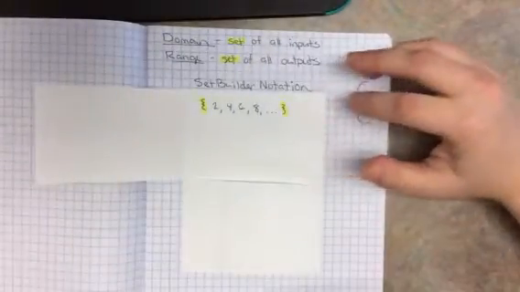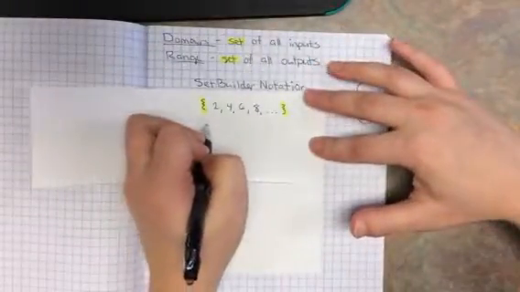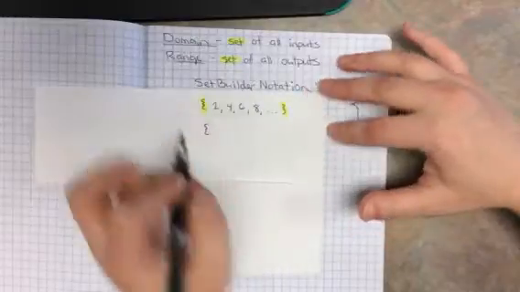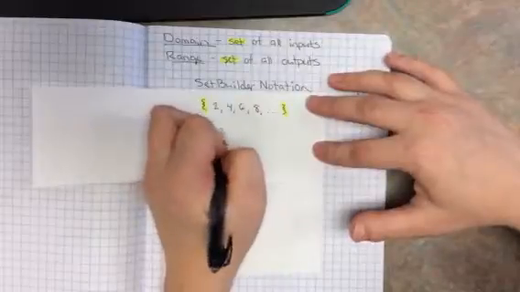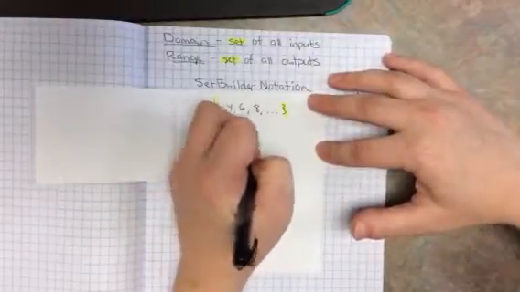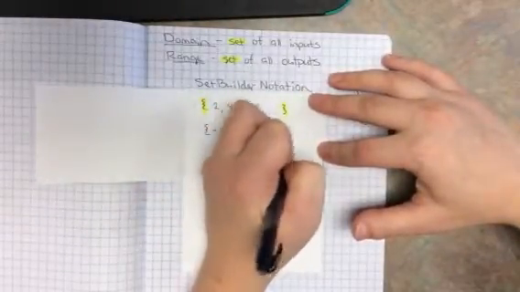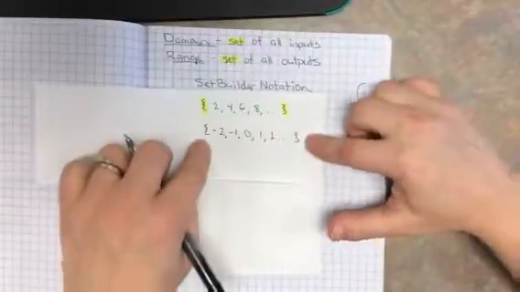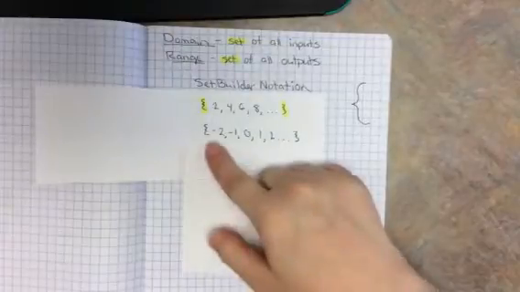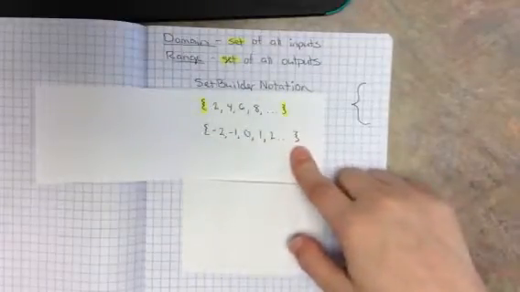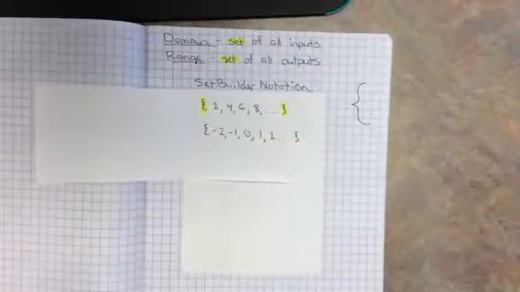Here's another one. Zero, 1, 2. Again, I've got the curly brackets, so I know those all go together, right? Yeah. That could potentially be another set of inputs or outputs.